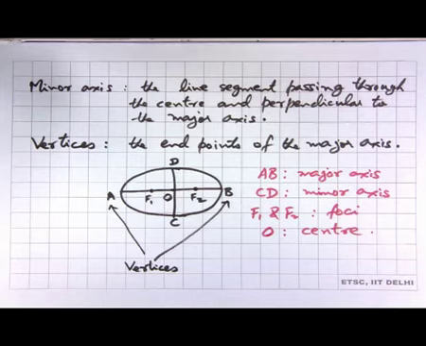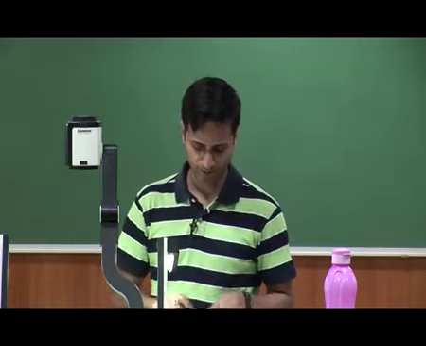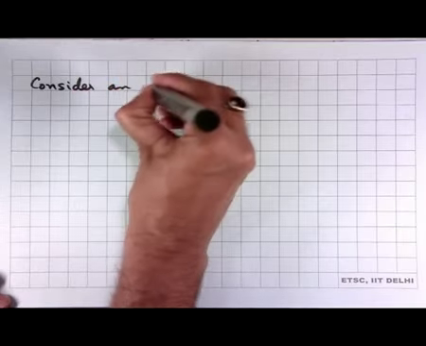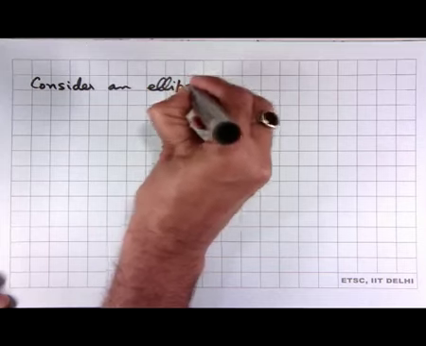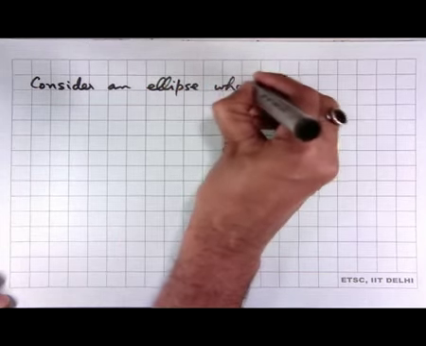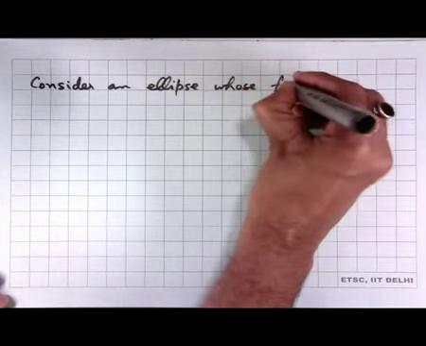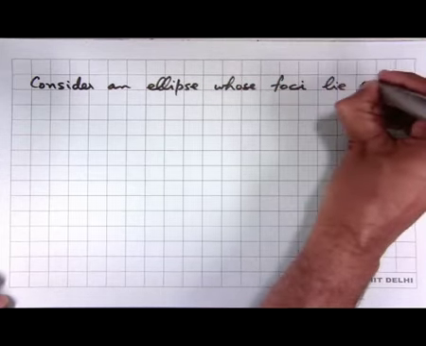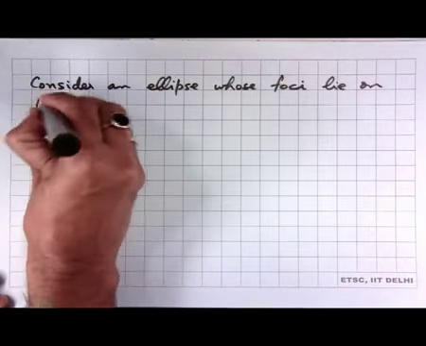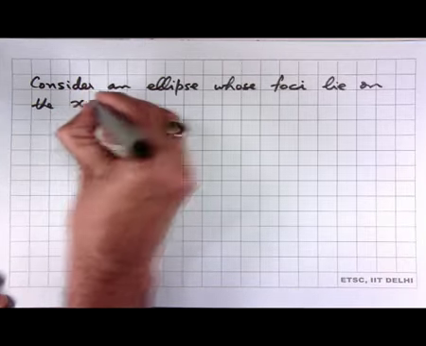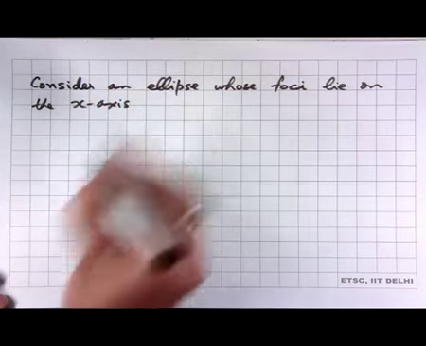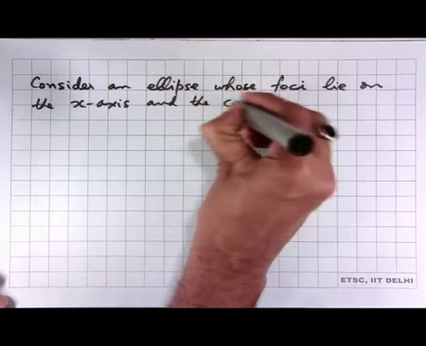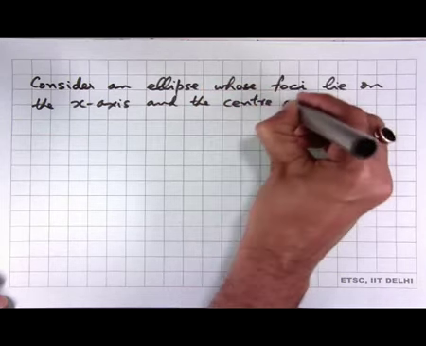Okay. Now let us consider an ellipse whose foci lie on the x axis, and let us say the center is at the origin.